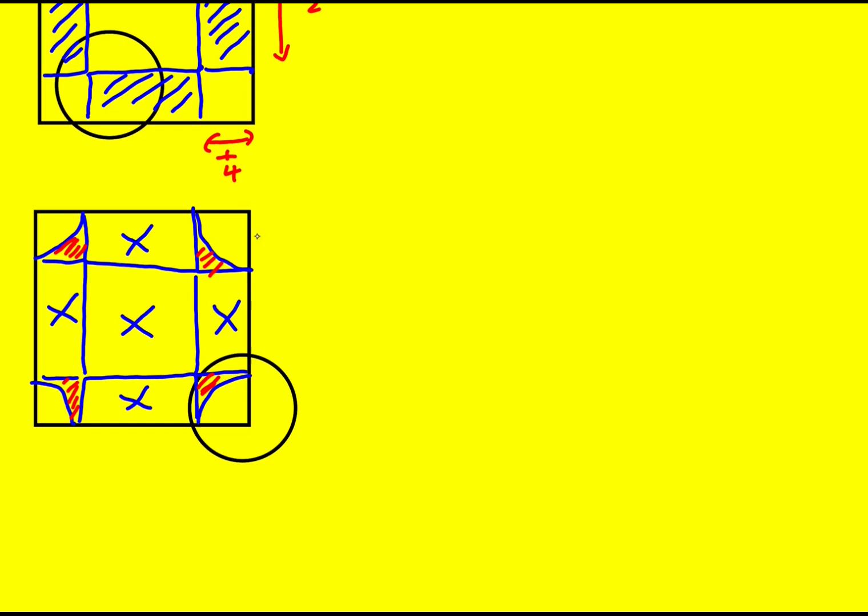We could calculate it by calculating 1 square, which is a quarter by a quarter, and then minusing the part of the circle. So it's going to be a quarter squared minus pi times a quarter squared over 4. That would be for just this top right area, for example.